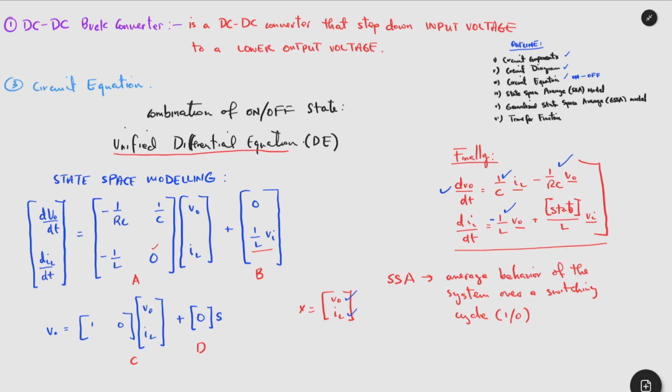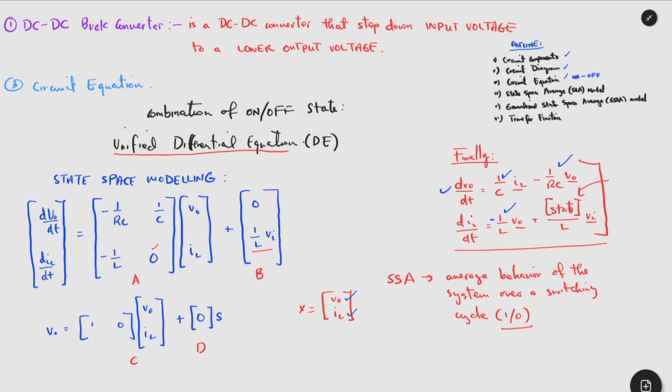So when we say a state, we are now representing the switching cycle, which is either 1 or 0. So with the unified differential equation, we are looking at the state space average model. And since this is our equation derived from our previous equation, this now represents the averaging model of the state space.